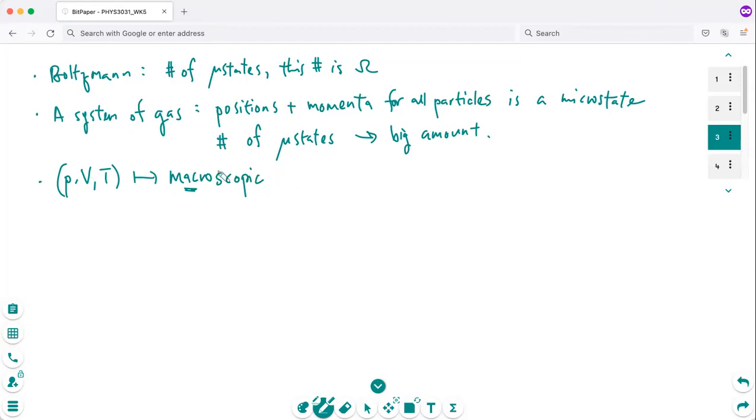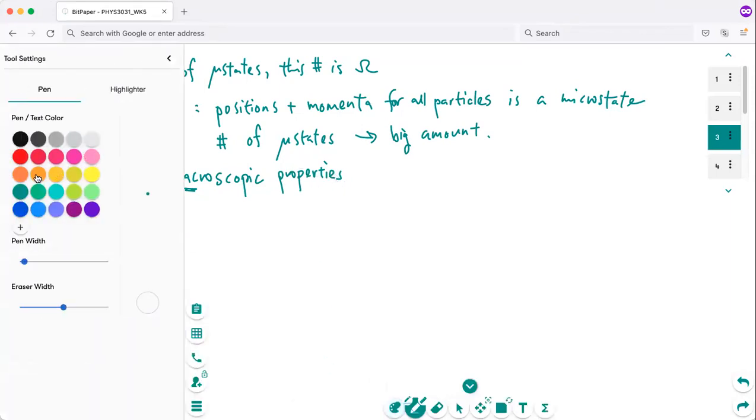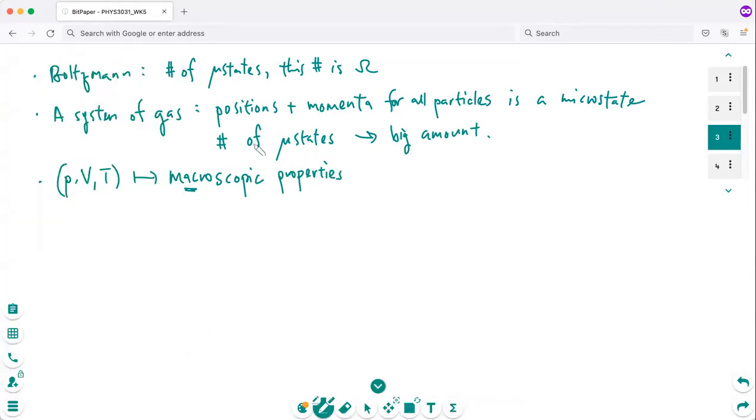This macroscopic property can correspond to a huge number of microstates. That is to say, you can have different microstates which will give you the same PVT.